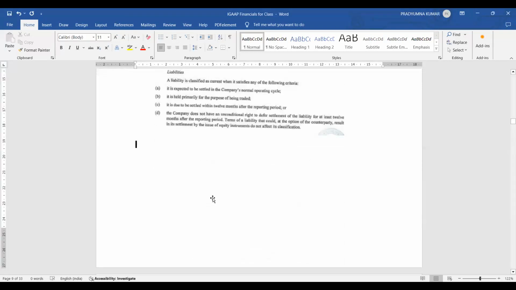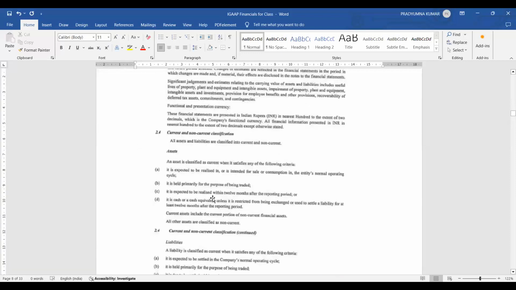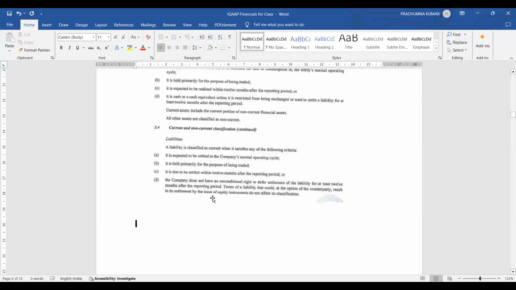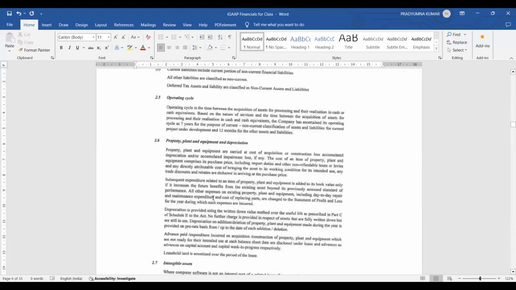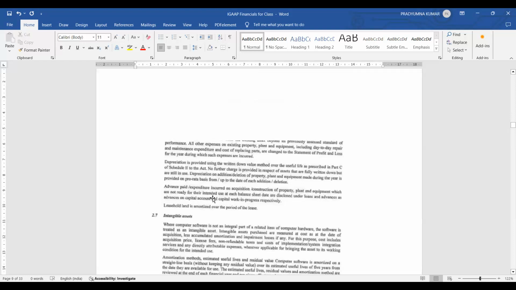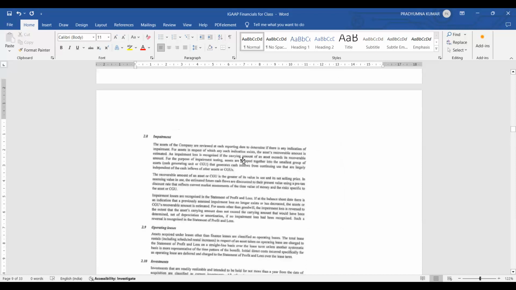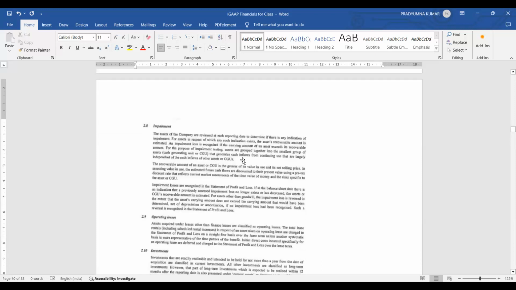See, these accounting policies, again I am telling you, they have started with note number 2, and each and every standard, every point, every procedure, whatever they are following with respect to PPE, that is property, plant and equipment, depreciation, intangible assets, impairment, operating leases. See, operating leases also we have discussed.